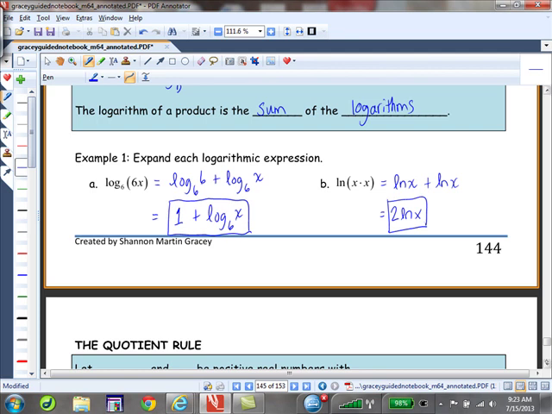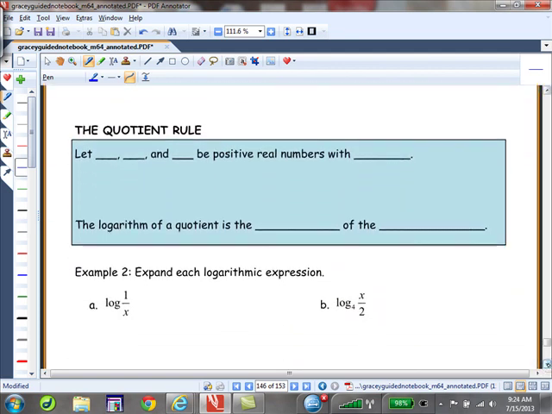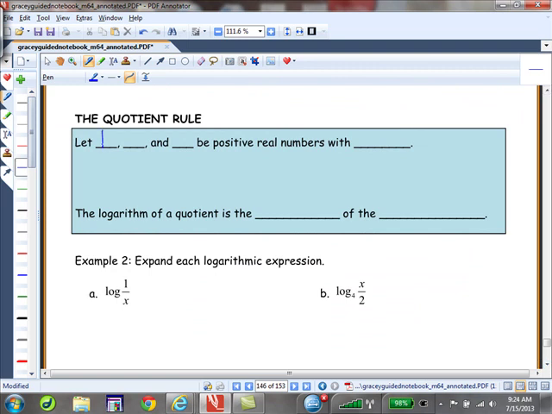All right, so the quotient rule, again, let b, m, and n be positive real numbers with b not equal to 1. So log base b of m over n is equal to log base b of m minus log base b of n.